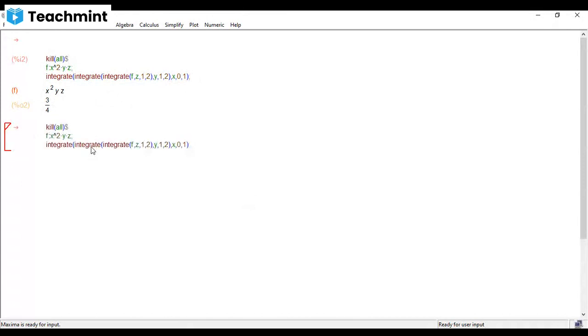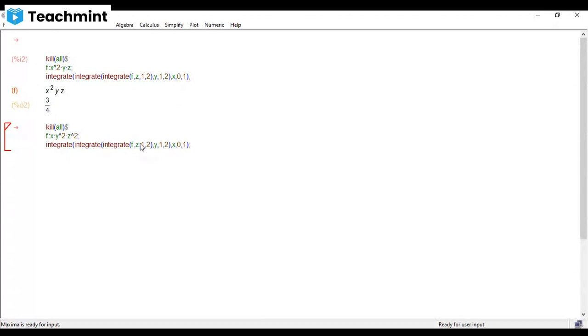What was your second one? Your second one was x into y square z, so this is x into y square z square.